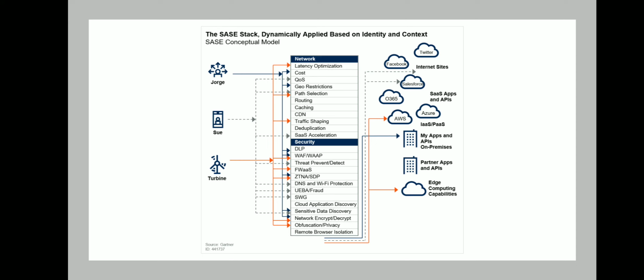Now, if you look at George, so George is a contractor, and if you look at the applications, or from the security perspective, the web application firewall is enabled, zero trust network architecture concepts are enabled, sensitive data discovery is enabled, network encryption and decryption is enabled.